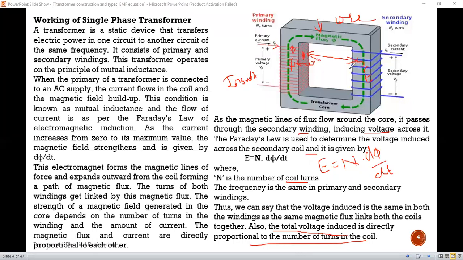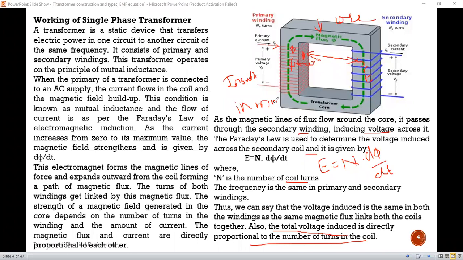Generally we are using transformer oil, or we can call it insulating oil. Insulating oil acts as an insulating material. We are using mineral oil here. So the oil, that is mineral oil, acts as an insulating material.